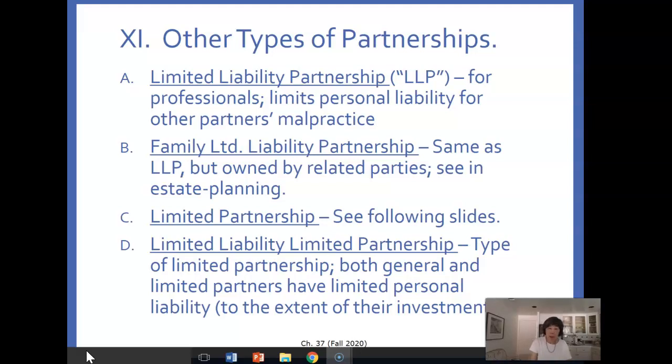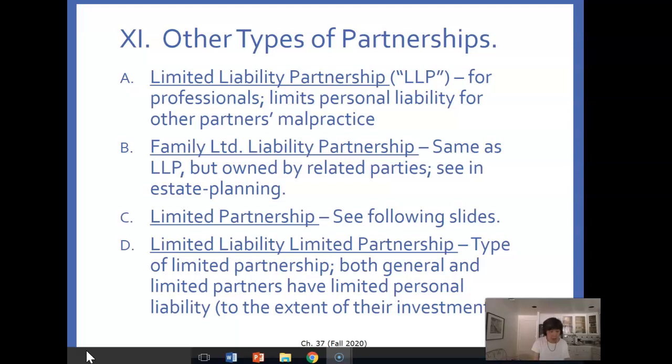In this type of partnership, both the general and limited partners have limited personal liability. That means they will only be responsible to the extent of their investment. None of their personal assets will be held responsible for any debt of the partnership. So that gives you the basic 4 variations.